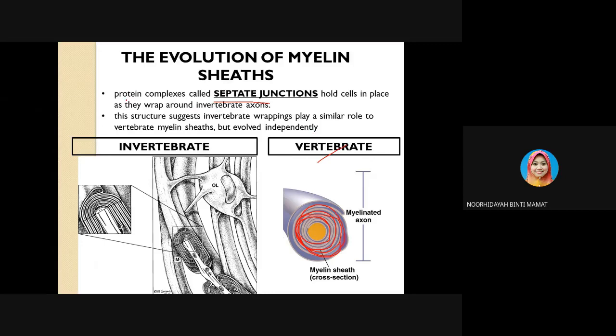But in invertebrates, they are called septate junctions. These septate junction structures suggest that invertebrate wrapping plays a similar role to the myelin sheath in the vertebrates. But even though they have a similar role, they evolved independently. So this is the evolution of myelin sheath.